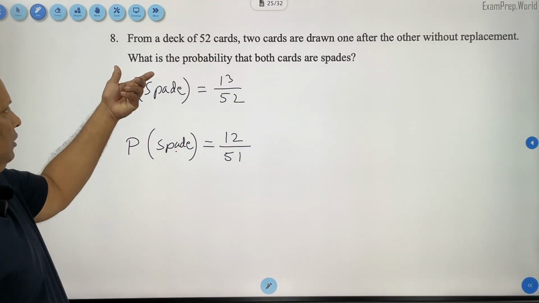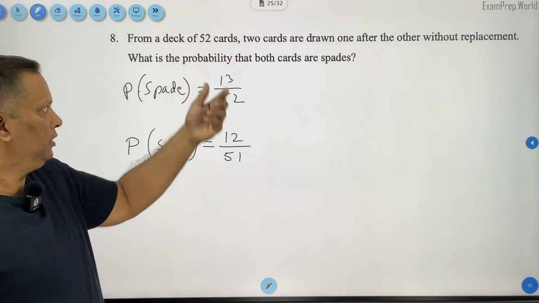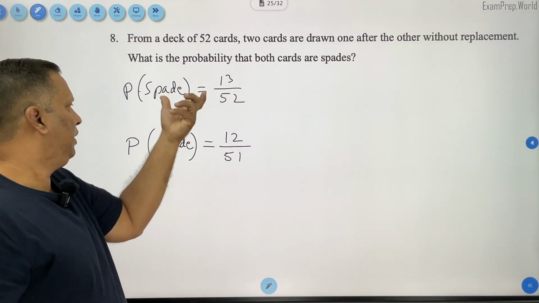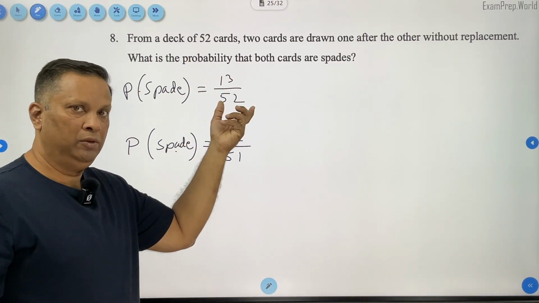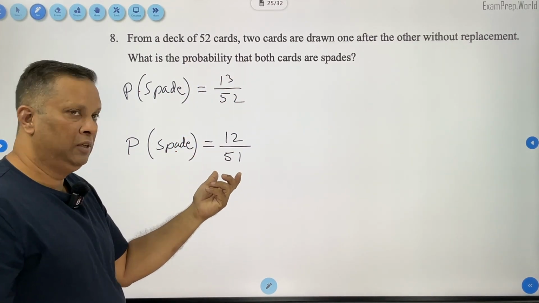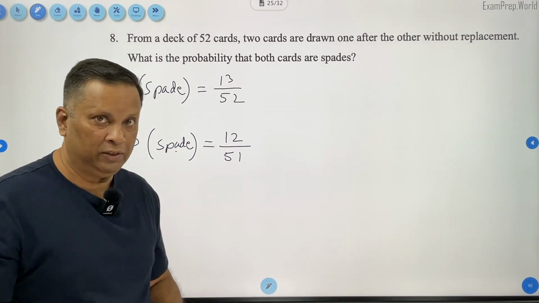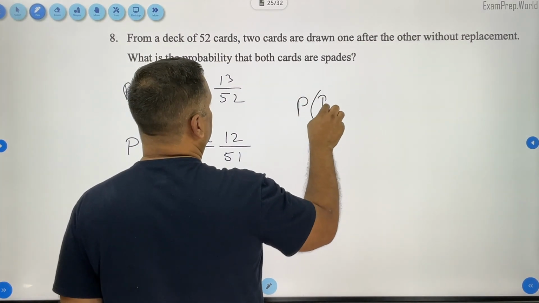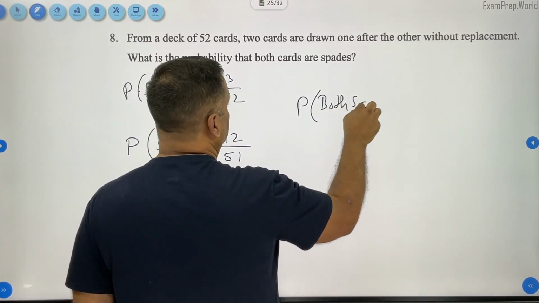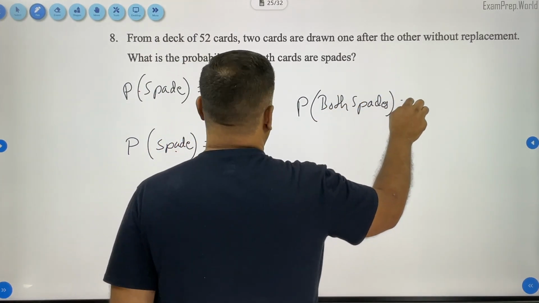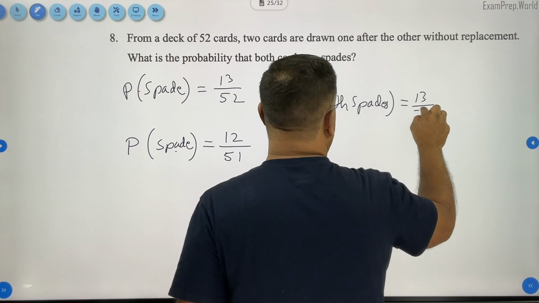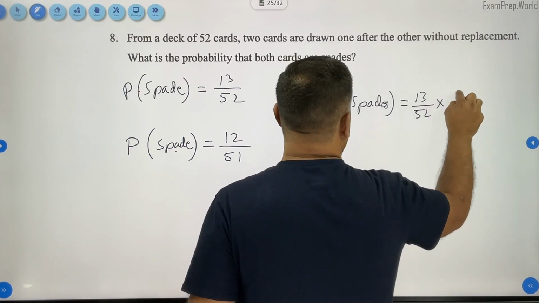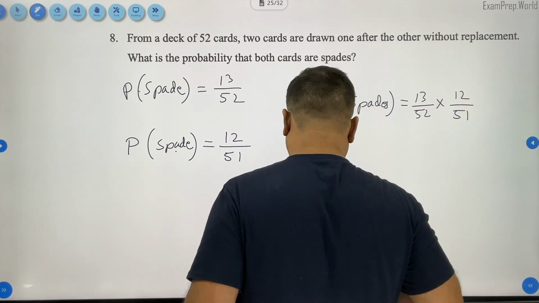Now it is very simple. Without the tree diagram we could complete it because there are two simple events, spade and spade. First time it was 13 on 52, second time it is 12 on 51. Now if both one after another have to be spades, then the probability of both spades will be equal to 13 on 52 times 12 on 51.